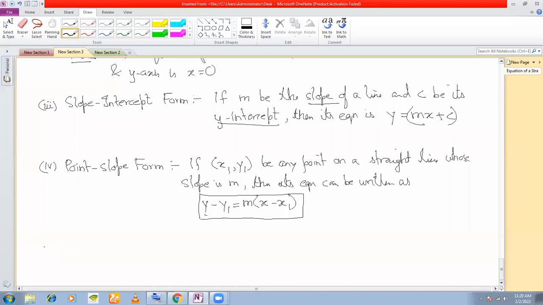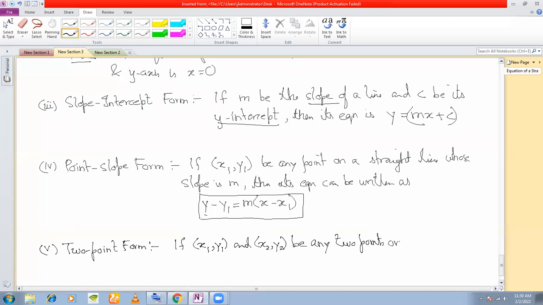is called the 2-point form. If x1, y1 and x2, y2 be any 2 points on the straight line. This time, suppose you know 2 points on a straight line.